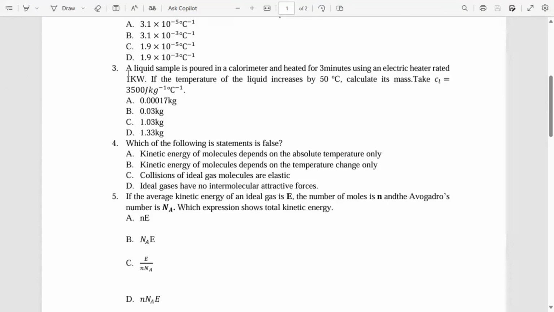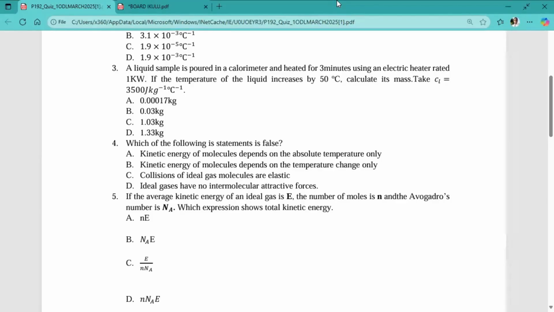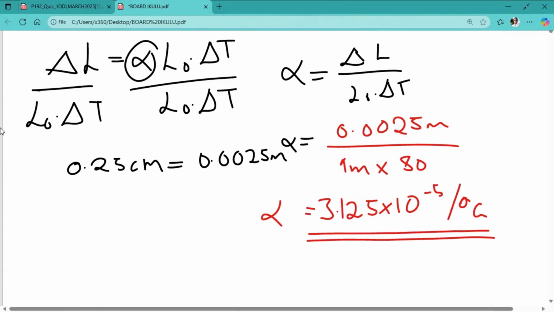They've given us the power supply and the time, and using this information we're able to calculate the thermal energy absorbed. We have a temperature increase of 50 degrees Celsius, and the specific heat capacity, and all we're supposed to find is the mass.